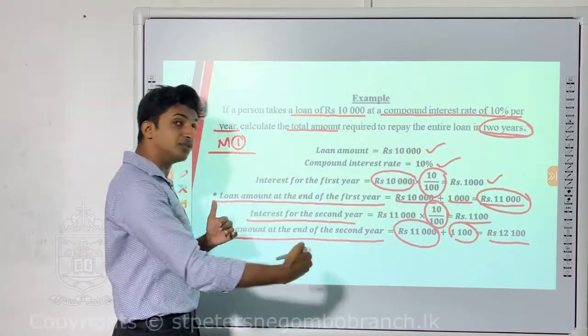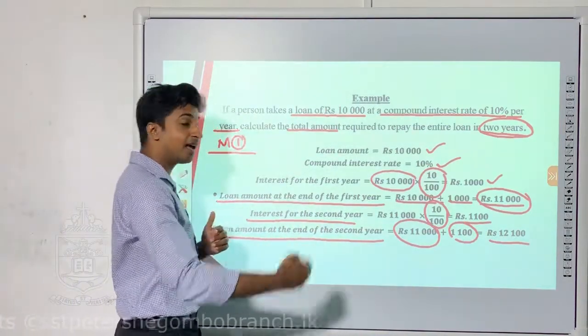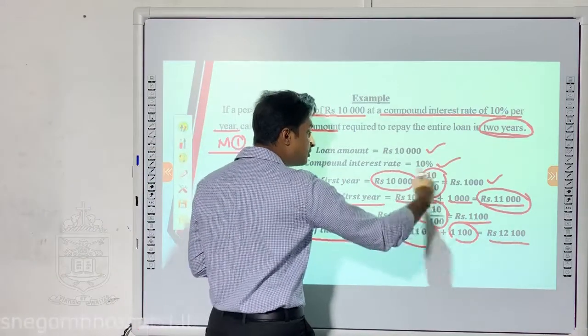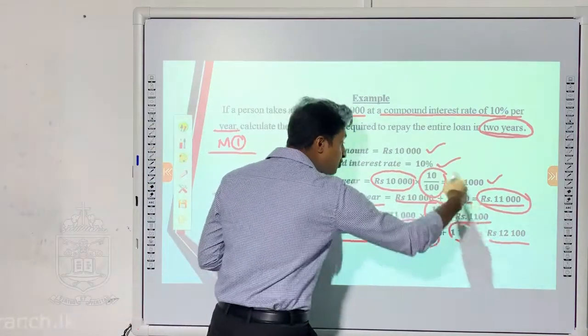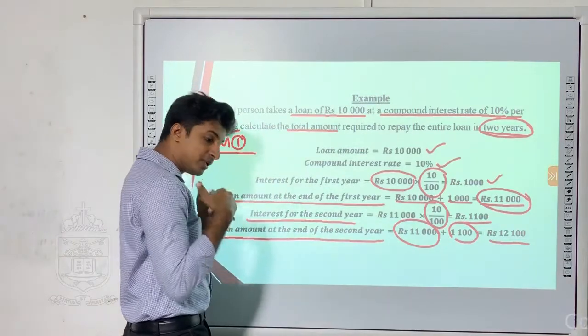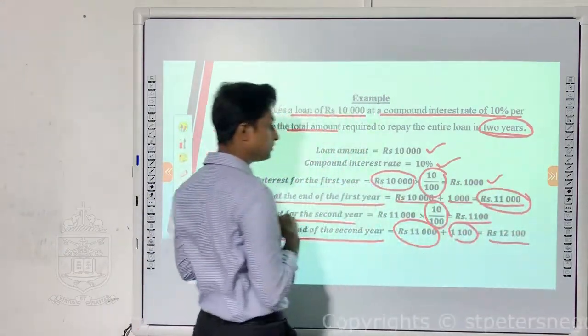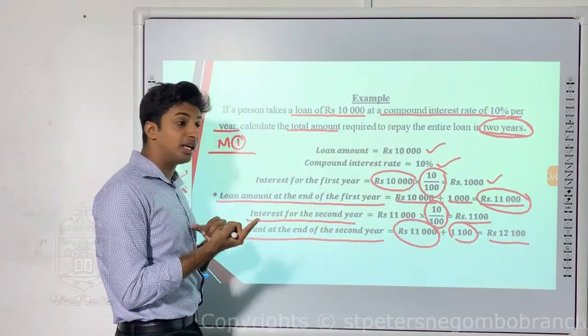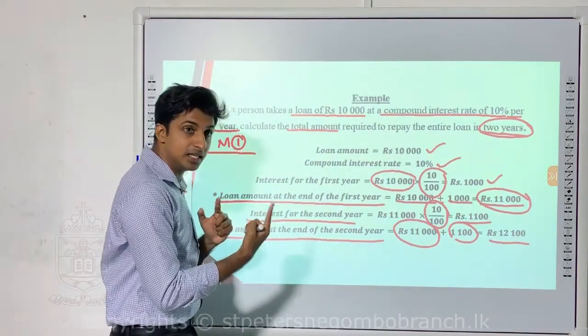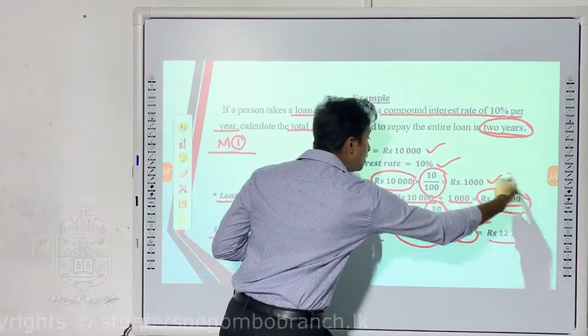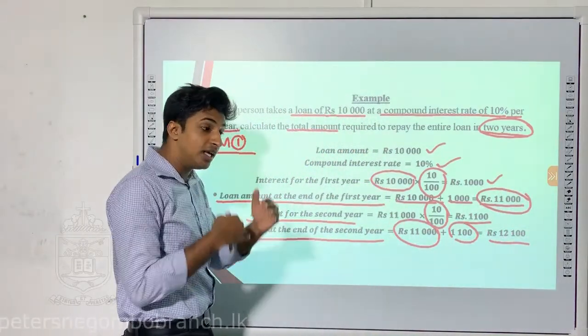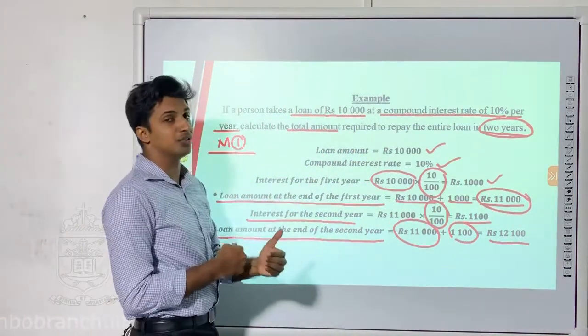Then by the end of the first year, the total loan I have is going to be the principal amount plus the interest for the first year, that is rupees 11,000. Now when I am calculating the interest for the second year, I have to use this total amount which was already there by the end of the first year.